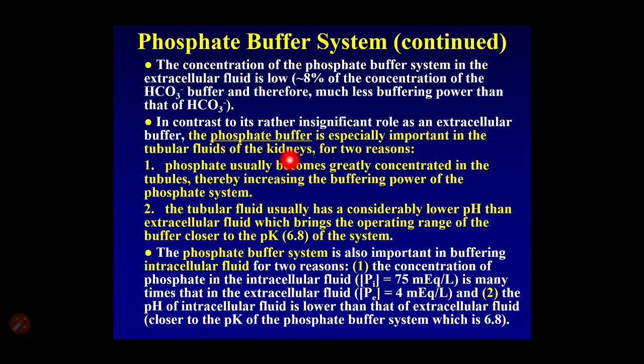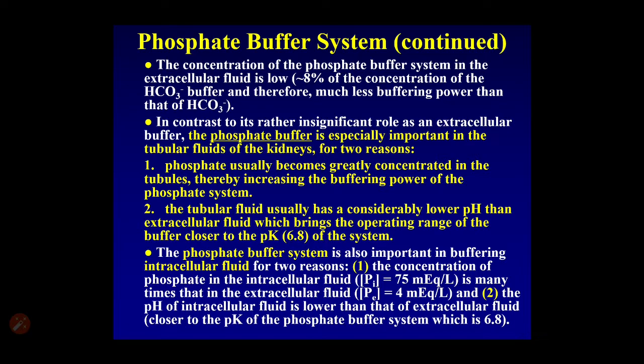The reason for that is, as I reach the distal part of the nephron, the concentration of phosphate in the tubular fluid is high. Not only that, but the tubular fluid has a tendency to be acidic, so its pH is less than 7.4.